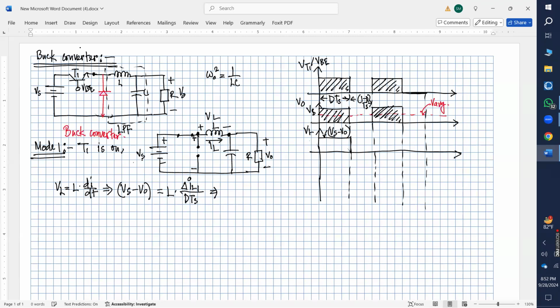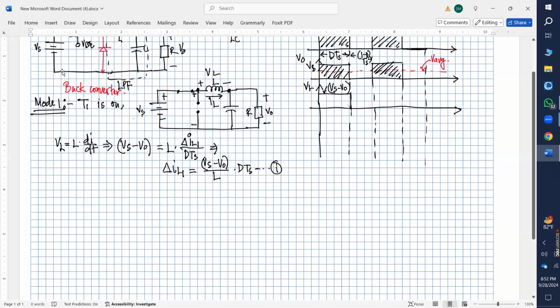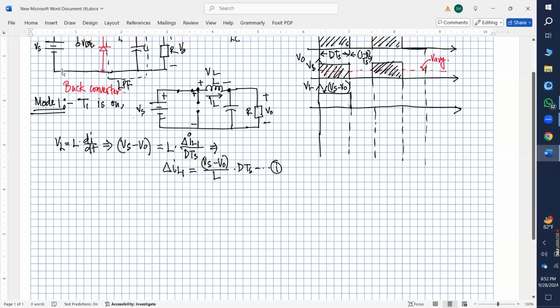From that, we can derive our equation: del IL1 is nothing but Vs minus V0 over L, multiplied by D into Ts. We have already seen that in our last class, right? I am just recapping some of the concepts we discussed in the last class.